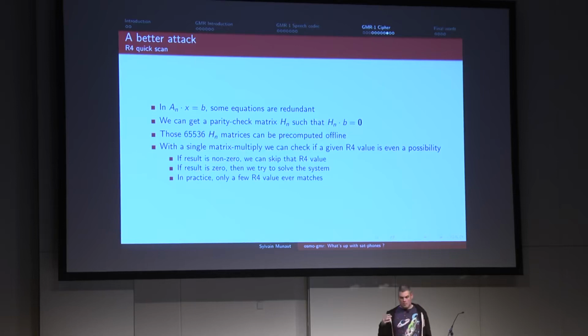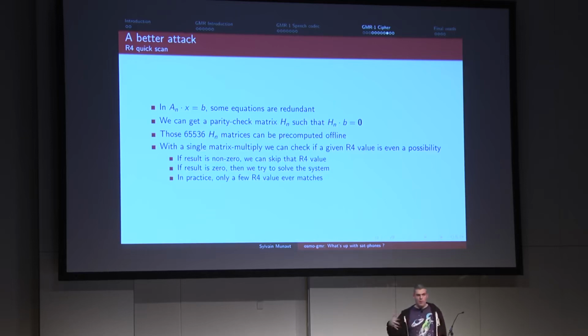For those 65,000 possible systems that you need to solve, A multiplied by x equals b, there's a bunch of rows in A that are going to be linearly dependent. So for each of them, you can build a parity check matrix, HN, so that when you multiply b by HN, you get a 0 matrix. All those HN, you can pre-compute.